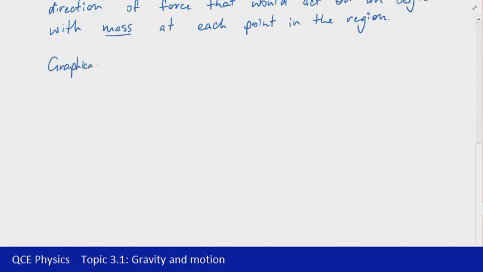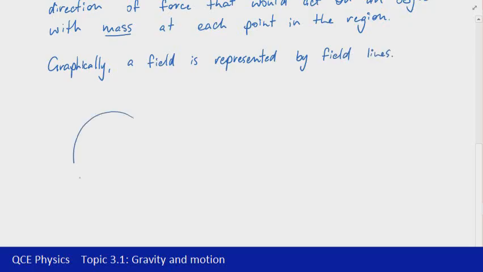Basically, if you're representing a field graphically, you're going to use field lines. There are a couple of things to note about field lines. In order to consider what field lines look like, let's imagine that we're dealing with the Earth. If we have this sphere or circle representing the Earth, and we were to consider placing a mass somewhere at this point, it's going to experience a force that's going to pull it towards the center of the Earth, and so the field line at that point would be directed down towards the Earth's surface.